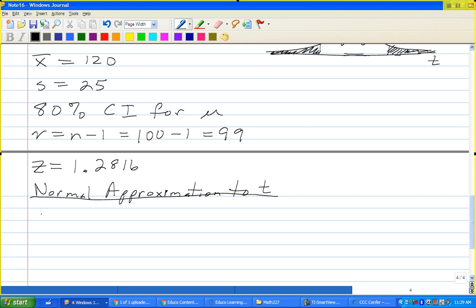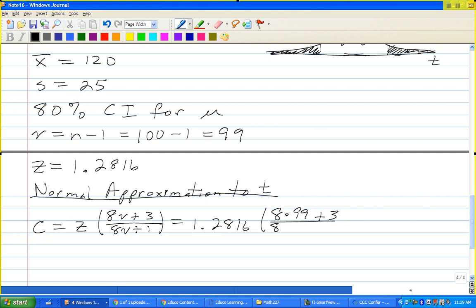And so I know that c equals z, (8ν + 3)/(8ν + 1). And so I have 1.2816, (8 times 99 plus 3)/(8 times 99 plus 1).